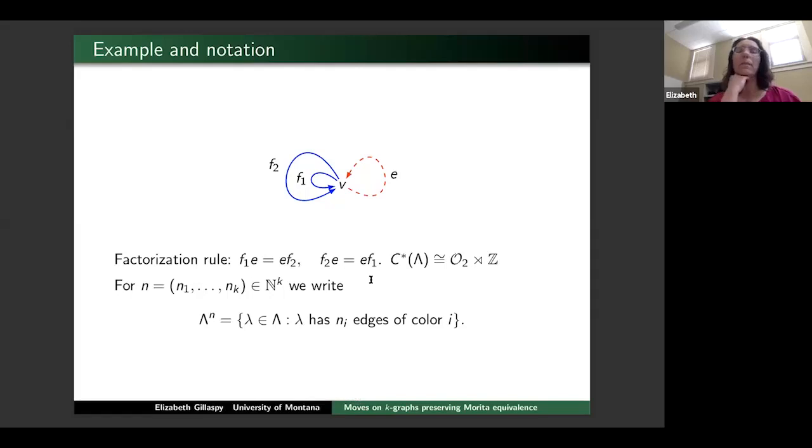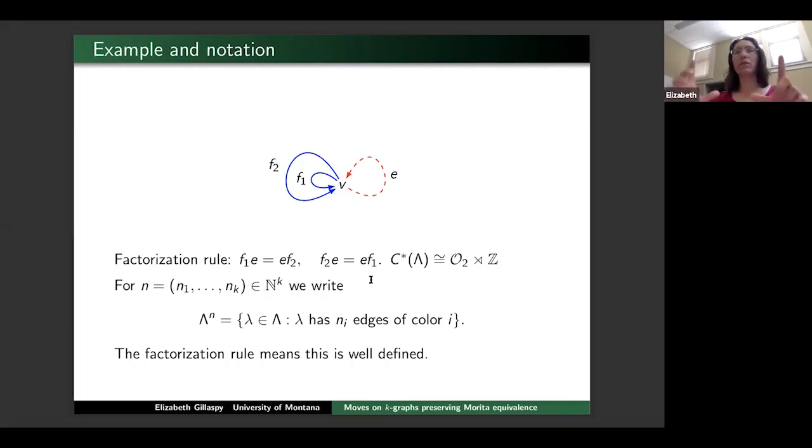And then a bit of notation as well. If we've got a K-tuple n in N to the K, then I'll write lambda upper n to be the set of equivalence classes in my K-graph which have n sub i edges of color i for each i between 1 and K. And the factorization rule tells us this is well defined, right?